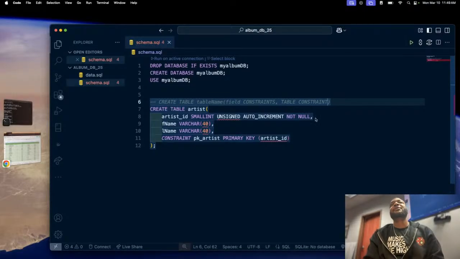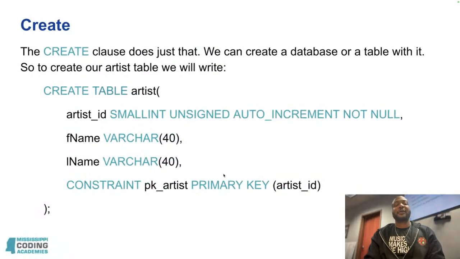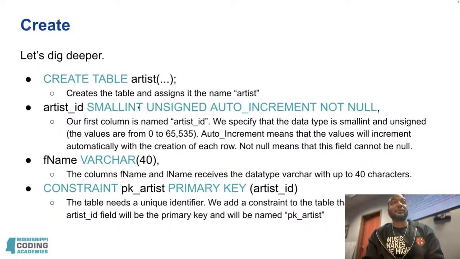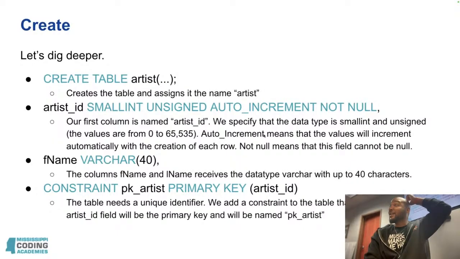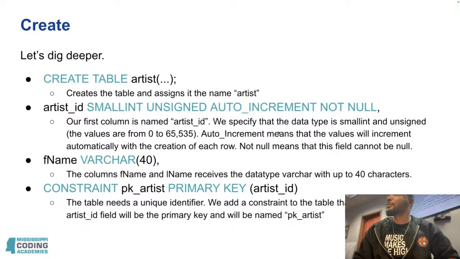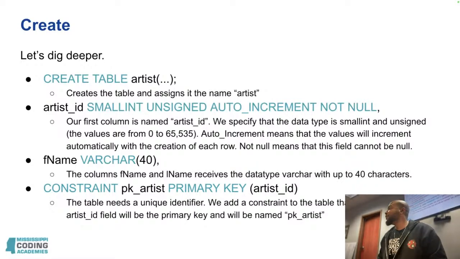This is how our tables are going to look. I'll say table constraints because there may be more than one. All right. So here we go. Again, create table artist creates a table and assigns it the name artist. Artist ID, our first column, is named artist ID. We specify that the data type is small int and unsigned, so again, the values go from 0 to 65,535.